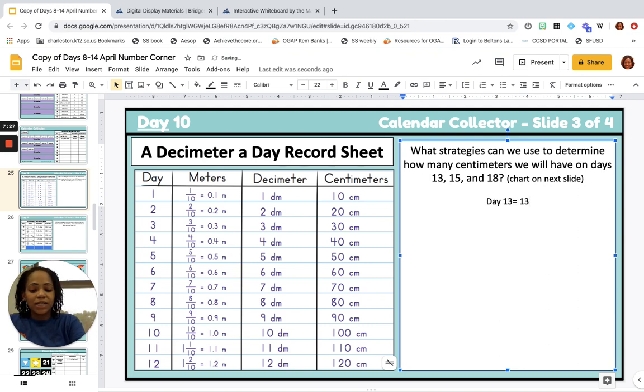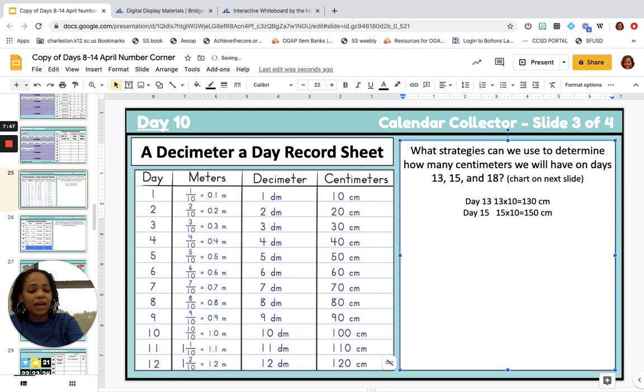Good. 13 times 10, which is 130 centimeters. How about on day 15 then? Good. 15 times 10, which is 150 centimeters.